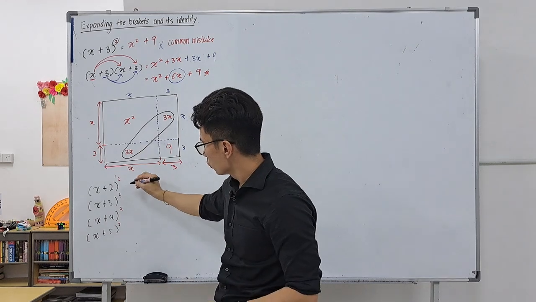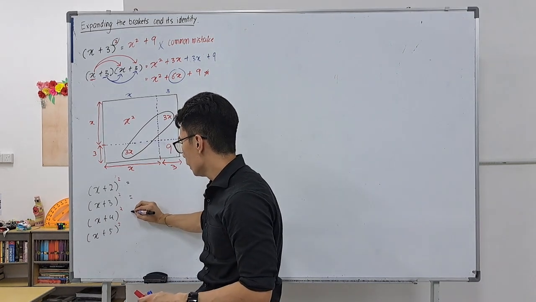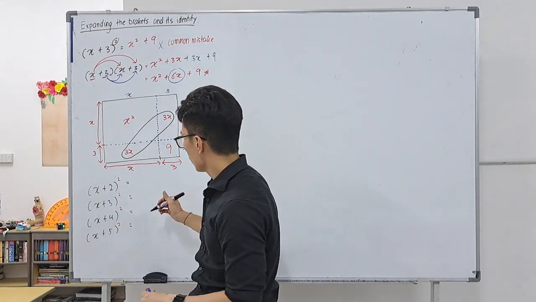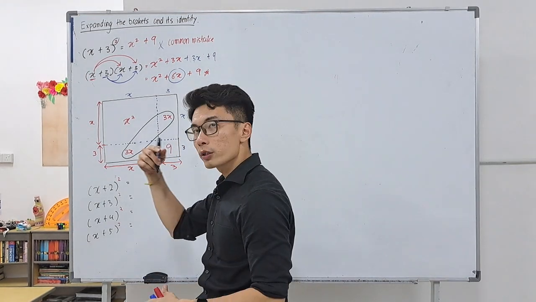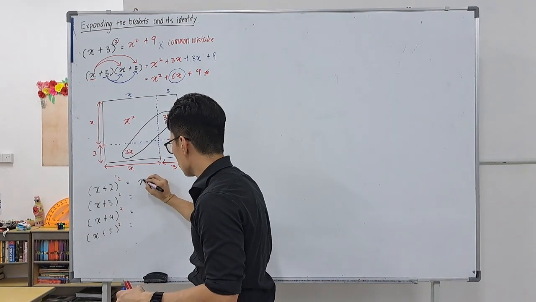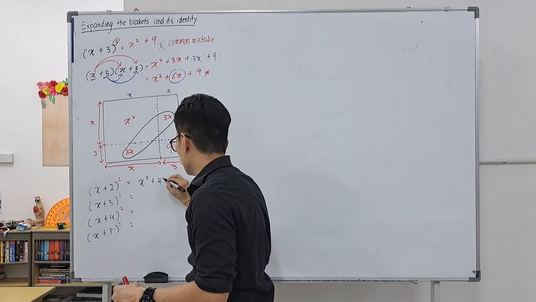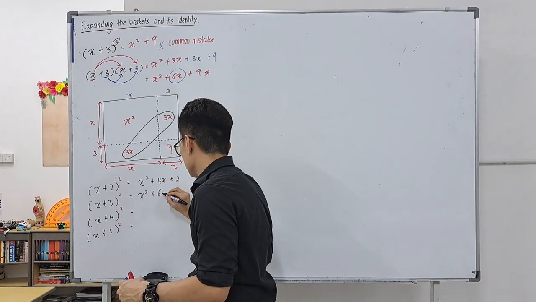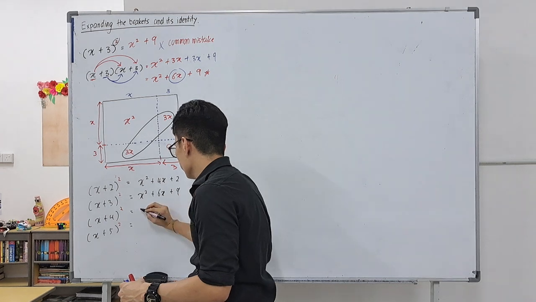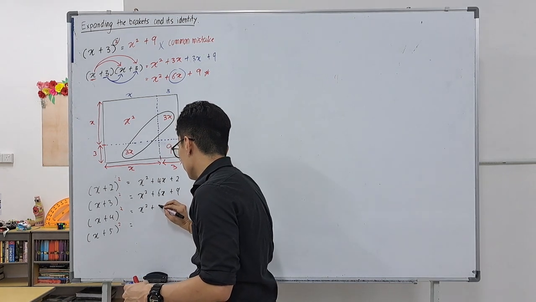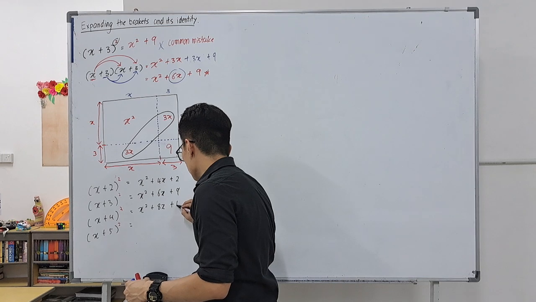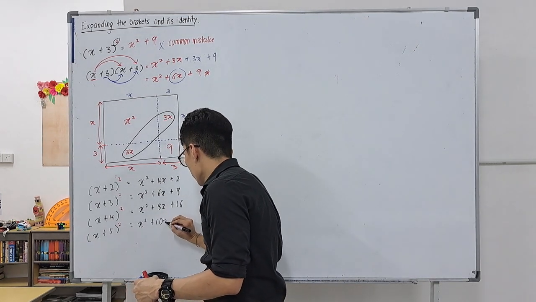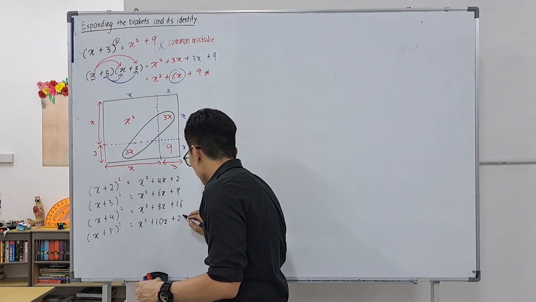So why am I asking you to do this? Because I want you to try to identify a certain pattern over here. If you have done expanding, you should get the following answers: x squared plus 4x plus 4, x squared plus 6x plus 9, x squared plus 8x plus 16, and finally x squared plus 10x plus 25.